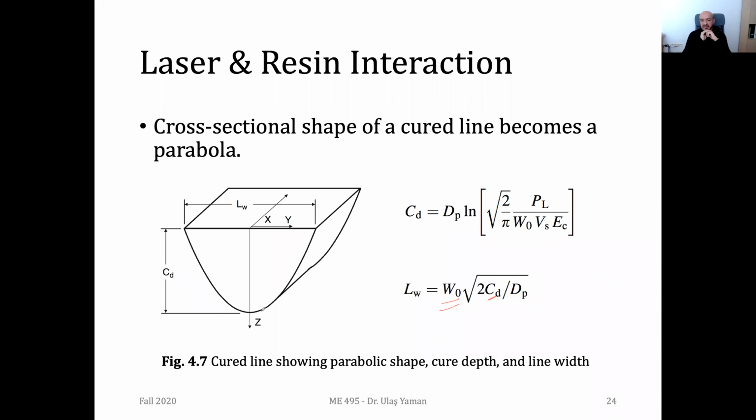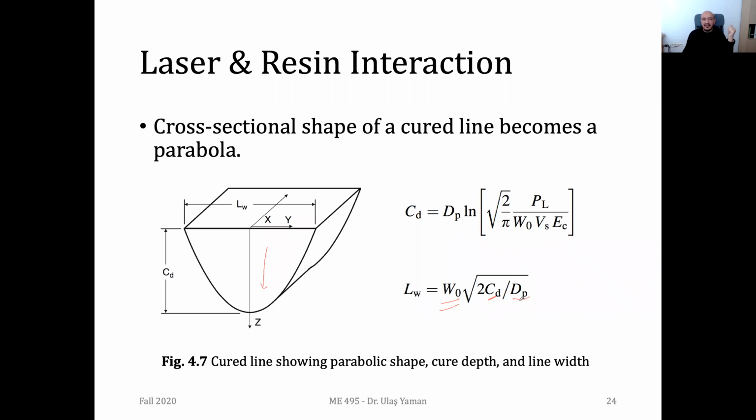But if the depth of penetration is increased, then you will be obtaining a thinner cross section. Since the depth of penetration is about the amount of energy we are applying, the easiness of energy going downwards.